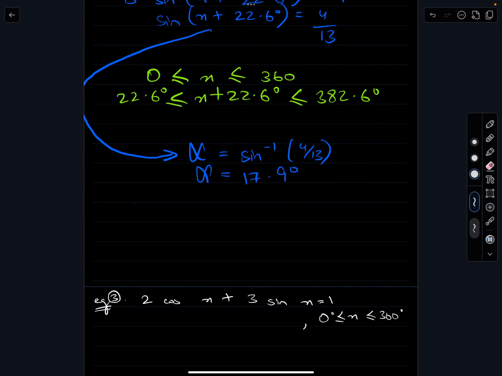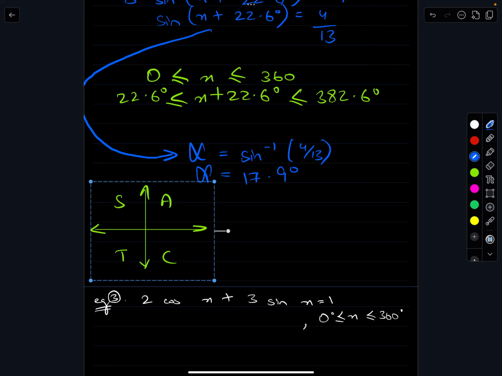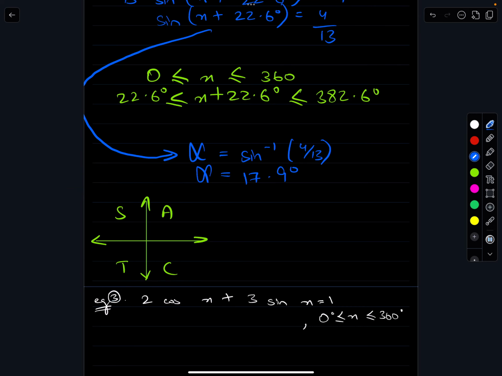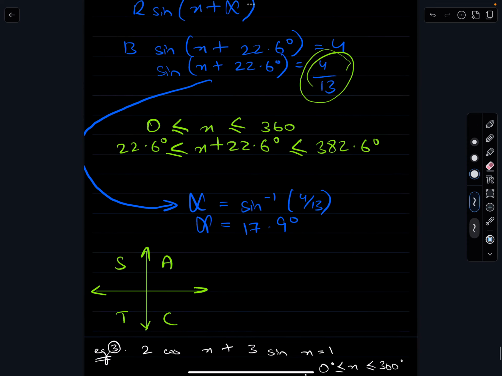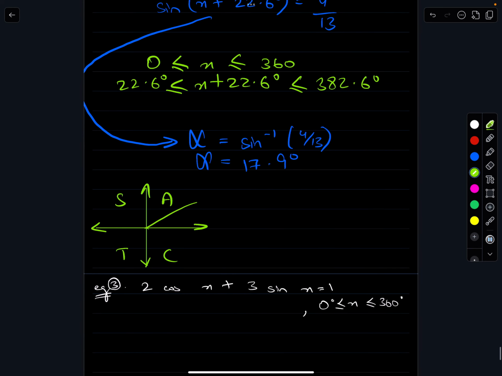So a graph of ASTC would look something like this. And sine is positive in the first and second quadrants. Thus, this is where our alpha would lie. 17.9, 17.9.